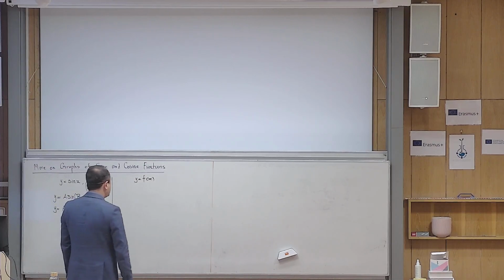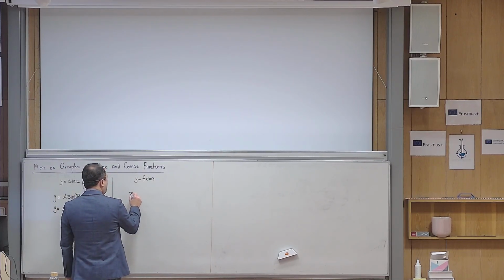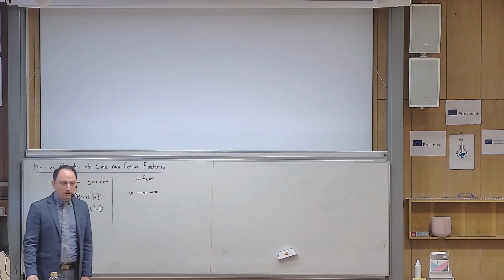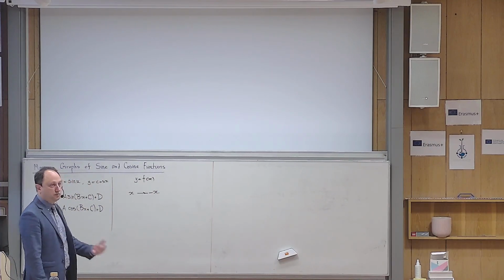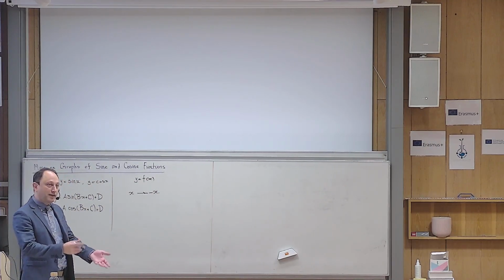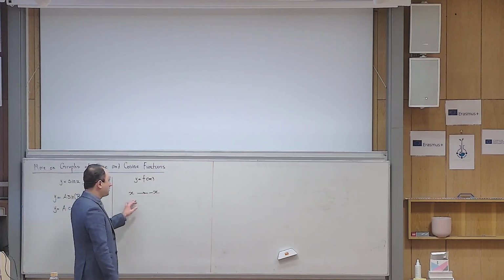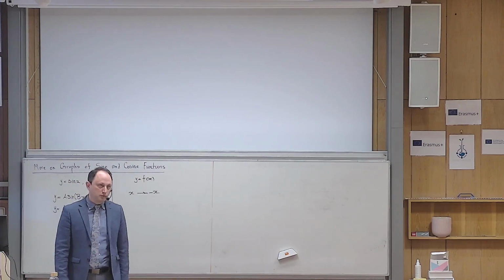And someone tells you that, okay, in that function, what happens to the graph if I do this transformation? If I change x in the function everywhere to minus x, how does the graph of the newly generated function relate to the graph of the original function? Yes? So these kinds of questions we want to discuss today.